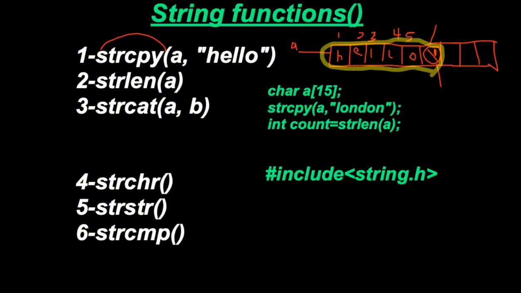So here you're going to have L, and O, and so on like that. All of this is going to shift here, and the string terminator is going to be here. So this is how string copy works.